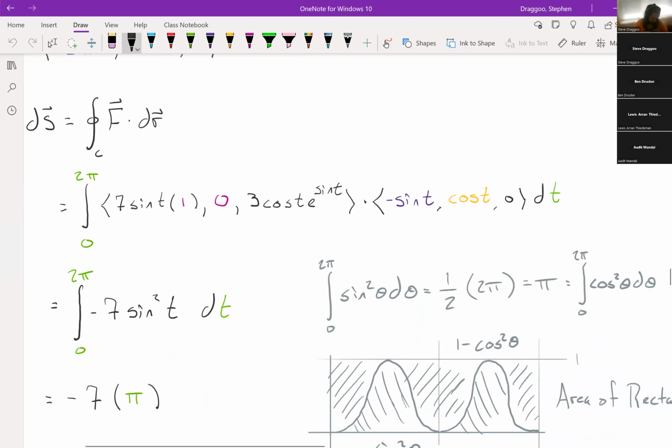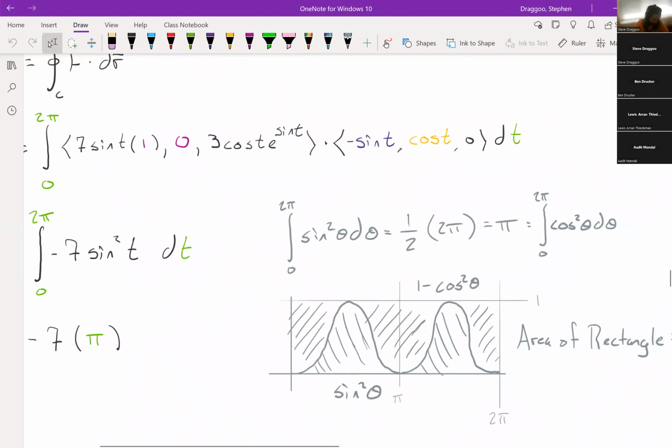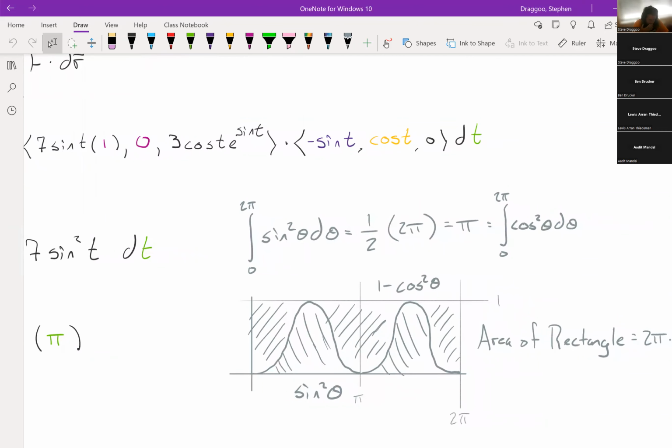Okay, here's the geometric idea that I used to calculate this integral quickly. So I'm just looking at the sketch of the region that's down here. I've got sine squared is the function that's drawn in sort of the darker line in the middle.